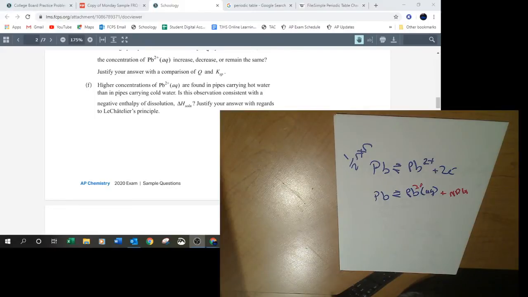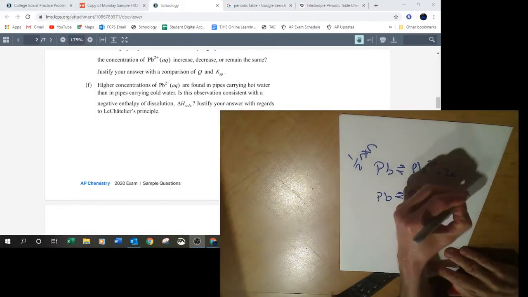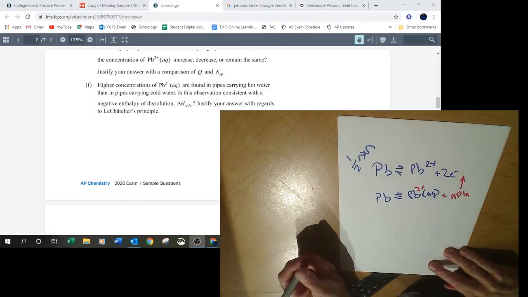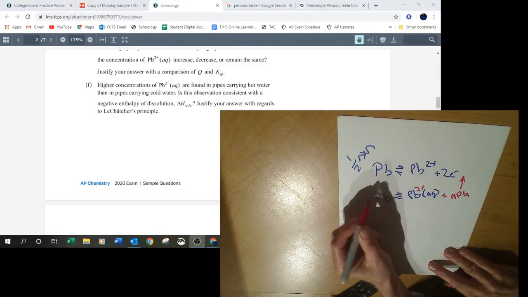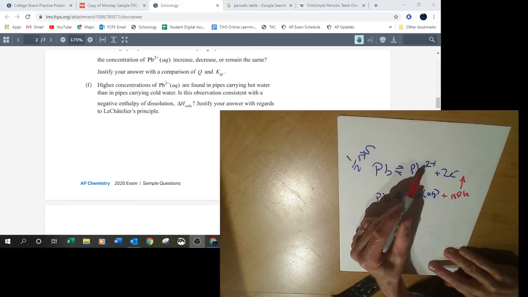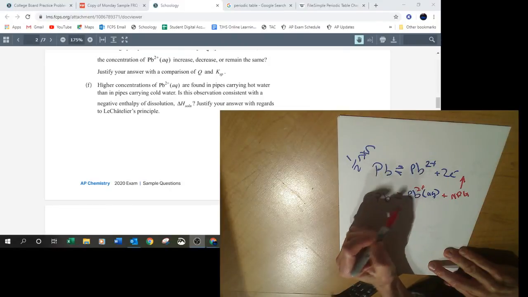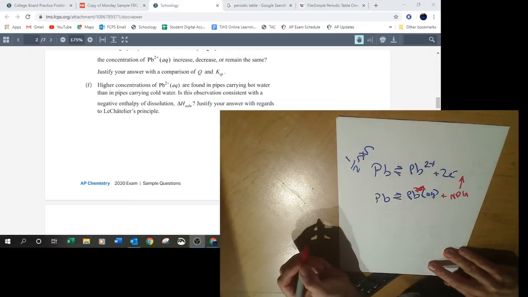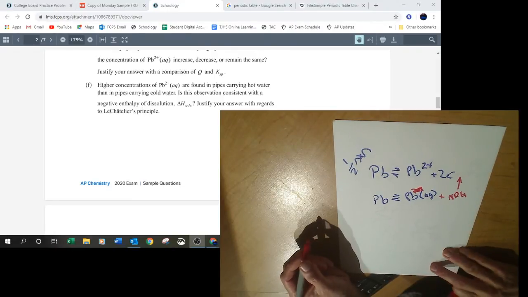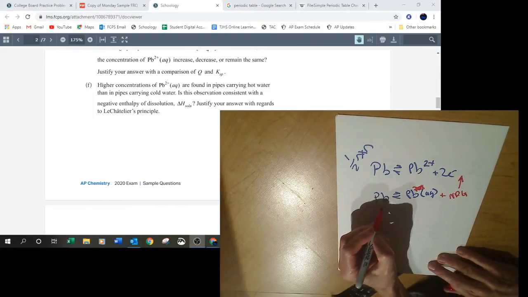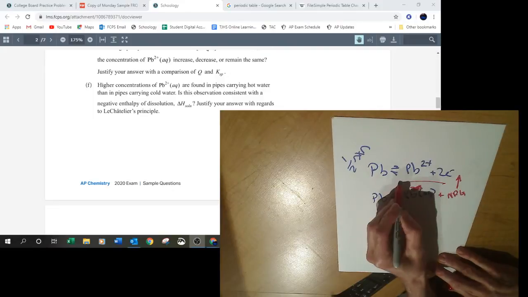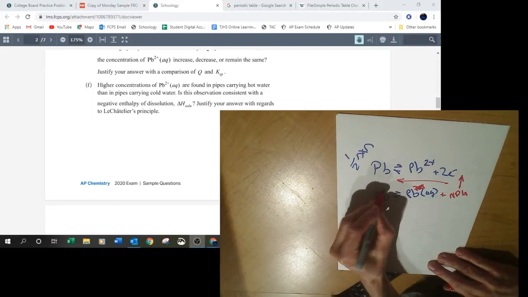Is that consistent? Well, if you increase the temperature, that says that the water is hotter. So if this is in equilibrium, which it should be, because obviously not all the lead becomes lead ions as soon as you place it in water, or if they just want lead aqueous, still as a lead metal that's dissolved, it's definitely not consistent, because what we're saying is if the energy is increased, the equilibrium should shift back to the solid lead.